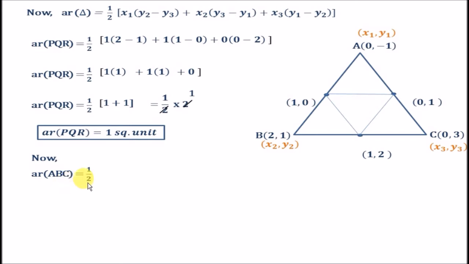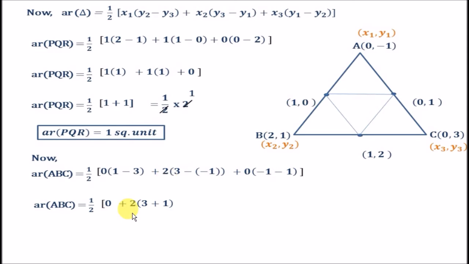Area of triangle ABC equals half, x1 will be 0 into (y2 - y3), that is (1 - 3), plus x2 is 2, (y3 - y1) will be (3 - 1), plus x3 is 0, (y1 - y2) will be (-1 - 1). So half into 0 into any quantity is 0, plus 2 into 3 minus, minus into minus the sign will change, plus 1, plus 0 into any quantity, again 0.